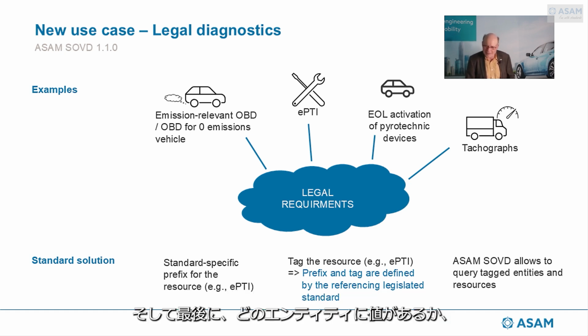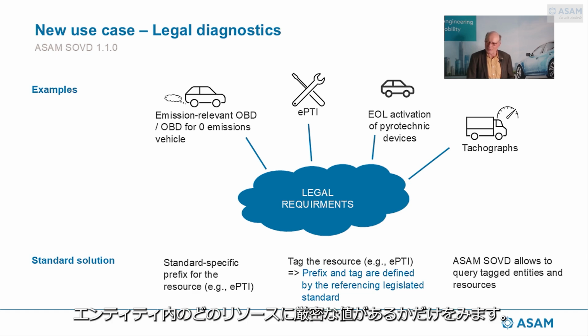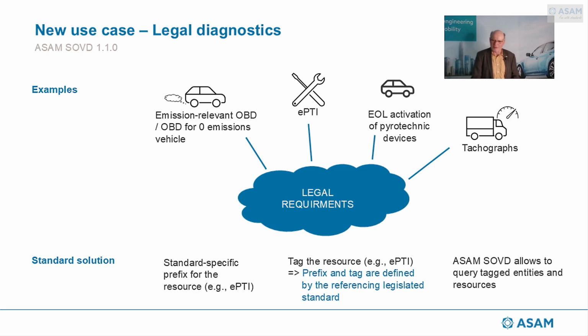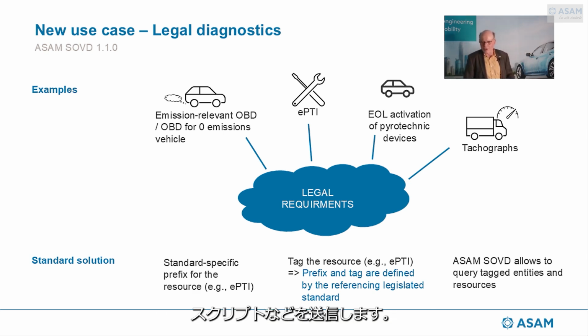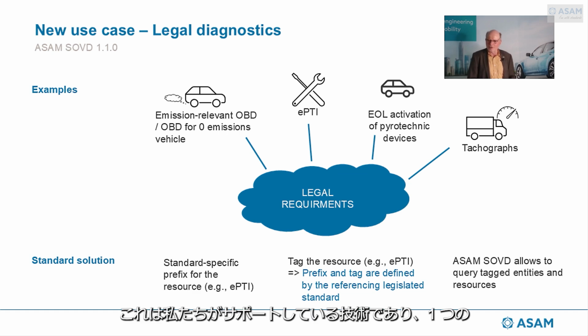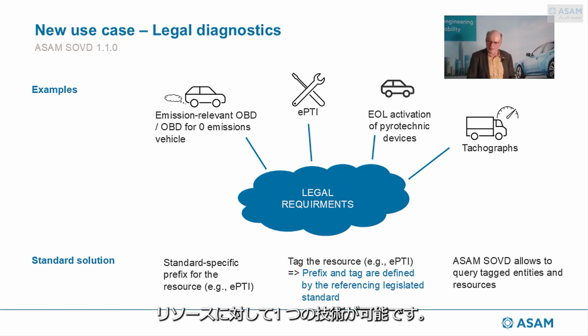And at the end, I only ask which entities have tagged values, which resources in the entities have tagged values, and then I work with my typical read, write, operations, scripts, and so on with these tagged things. We support more than one tag for one resource.